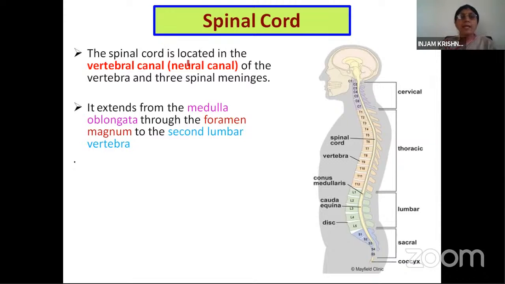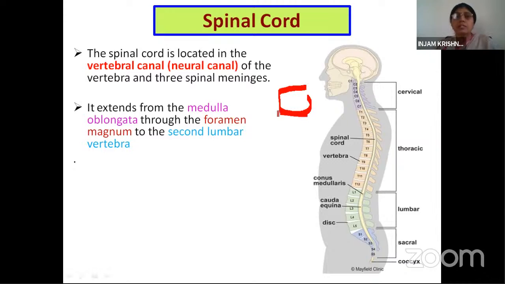See here, the spinal cord is located in the vertebral canal or neural canal of the vertebra and three spinal meninges. Actually, the vertebral canal is located in the vertebra. The vertebra is made up of 33 vertebrae. See here, I will draw here.